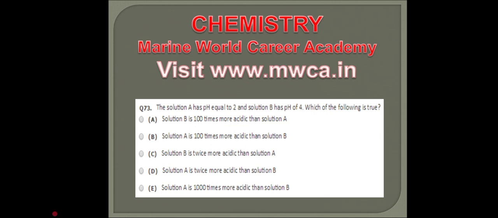Option A, solution B is 100 times more acidic than solution A. Option B, solution A is 100 times more acidic than solution B. Option C, solution B is twice more acidic than solution A. Option D, solution A is twice more acidic than solution B. Option E, solution A is 1000 times more acidic than solution B.